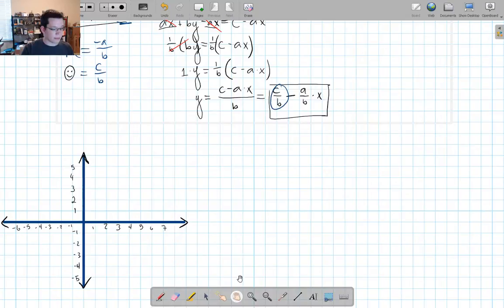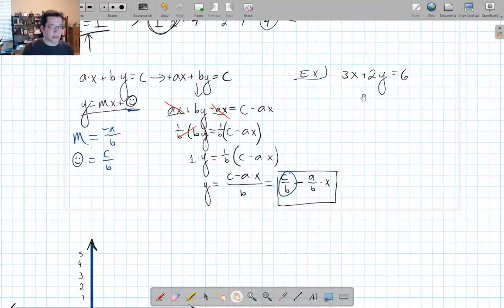So now we're going to come back up here, and according to our formula, it's going to be y equals 6 divided by 2 minus 3 divided by 2 x.